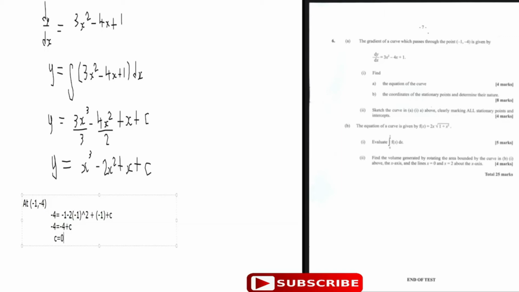If the constant is 0, the curve passes through the origin. And so hence, this is part I, the curve is just going to be y is equal to x cubed minus 2x squared plus x.